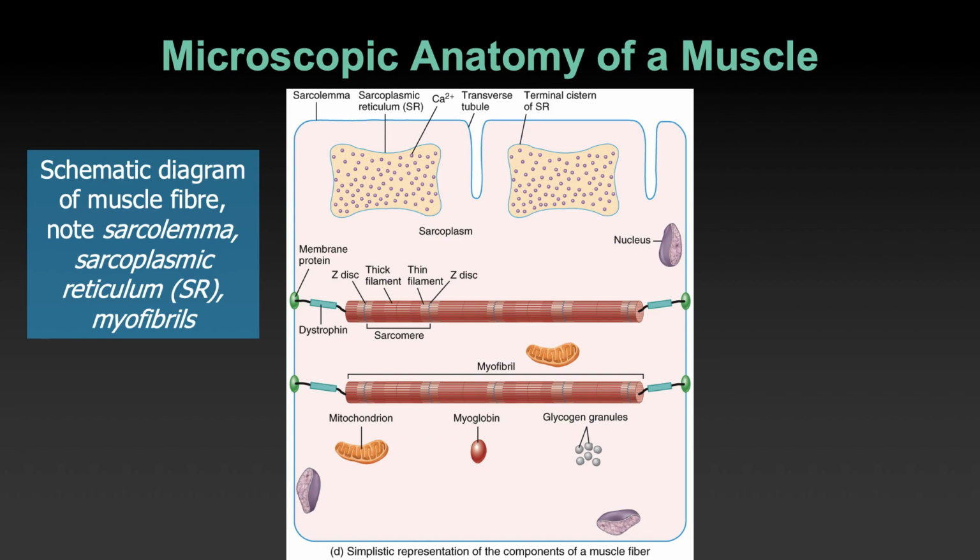In the sarcoplasmic reticulum, you don't see the meshwork here. This just looks like a reservoir for calcium, and it is, but you don't get to see the intimate association between the sarcoplasmic reticulum and all the myofibrils in the cell when we draw it like this. We draw it like this to get it up and out of the way.